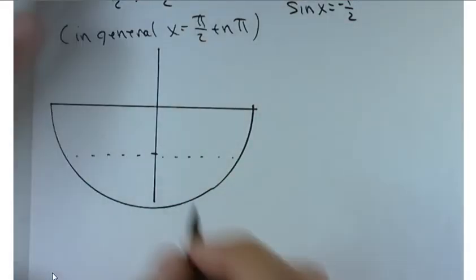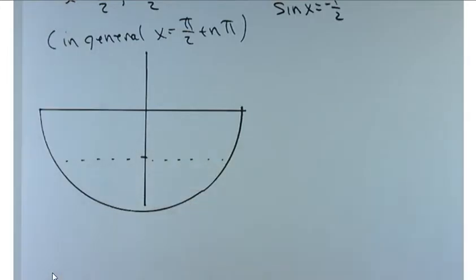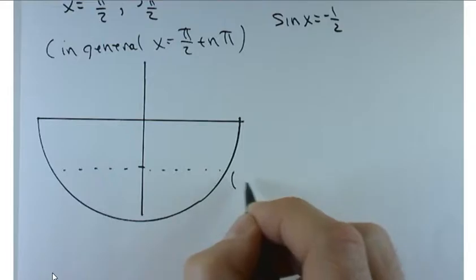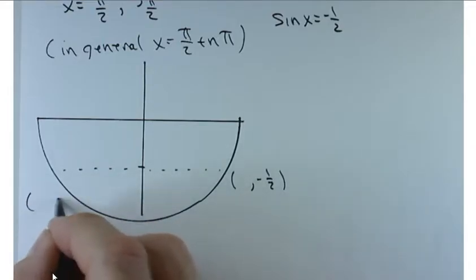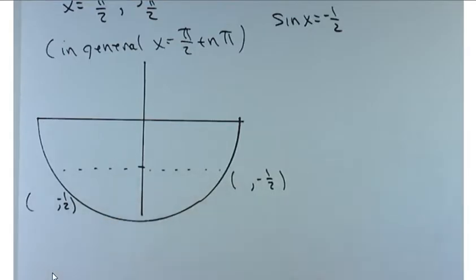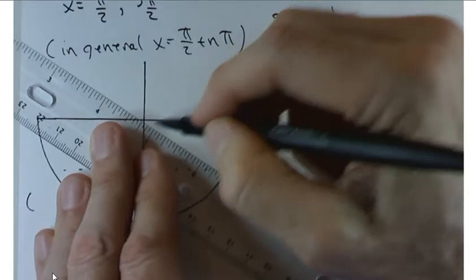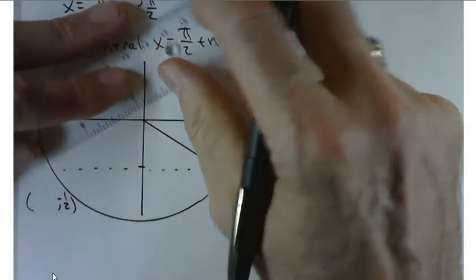My goal is eventually to figure out the radian measure of this. Yes. So it's a negative 1/2 and another negative 1/2. So the question is, what's this angle? Nope. There you go. And this one.